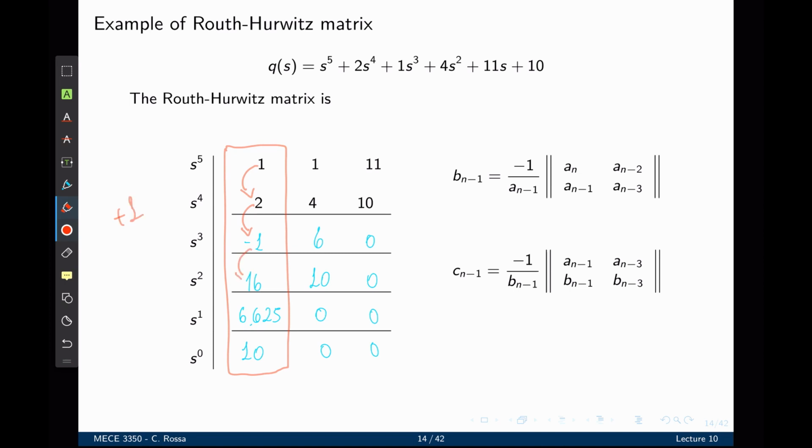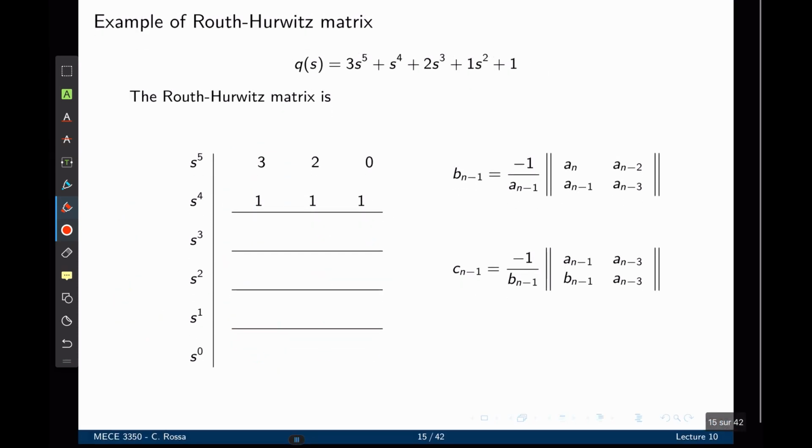From negative 1 to 16, another sign change, negative to positive. 16 to 6.6, no sign change. 6.6 to 10, no sign change. Here we have 2 sign changes in the first column. This means that this characteristic equation has 2 unstable roots. The transfer function has 2 poles placed on the right side of the S-plane, and the system is unstable.